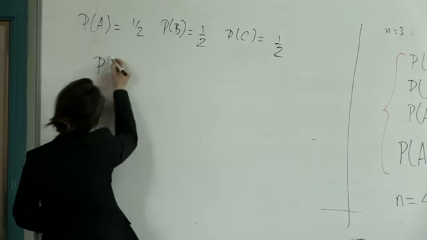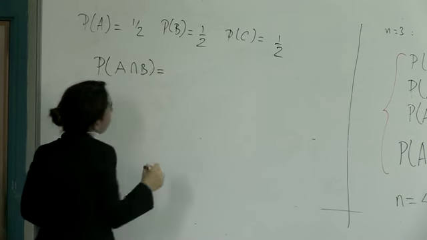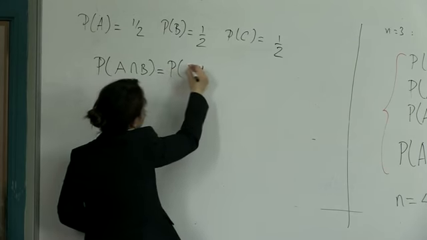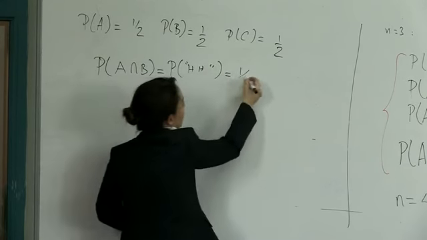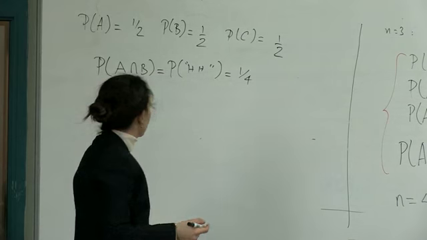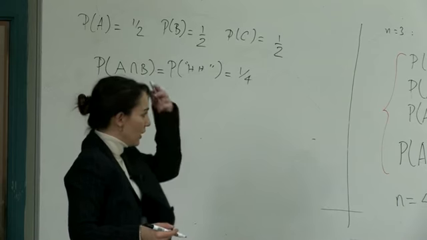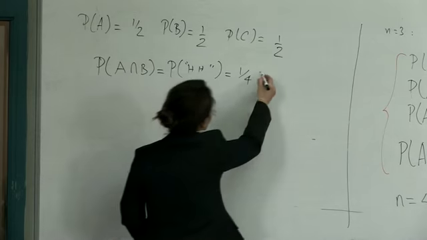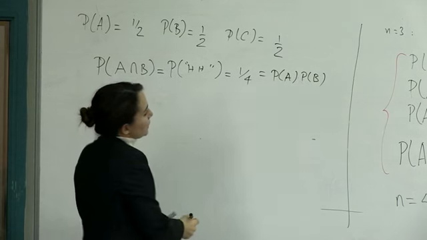Now compute probability of A intersection B. What's that? That's the probability of heads, heads, right? Which is 1/4, because the 2 are independent. A and B are independent. Okay? Why? Because we are considering 2 independent tosses of a fair coin. Okay? P of A times P of B. Okay? What's next?